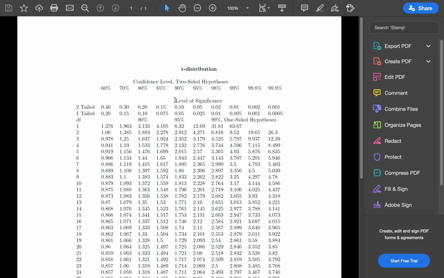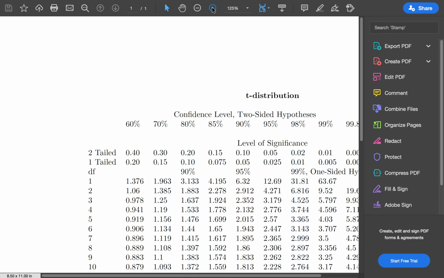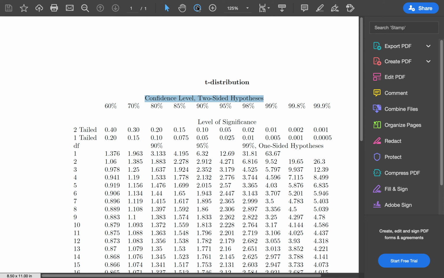Okay, so how do we use the t-table to get critical values? These critical values are going to be what we use to test the hypothesis. We go to the top of the t-table where it says confidence level two-sided hypotheses.